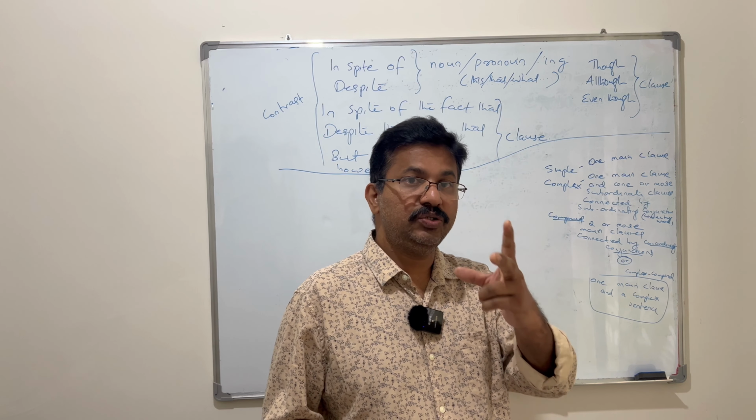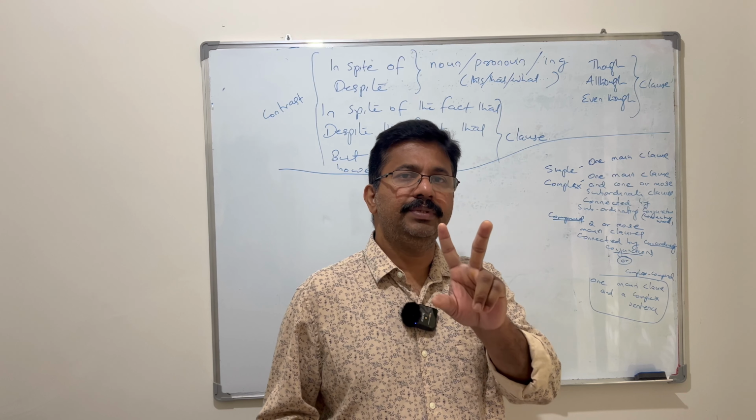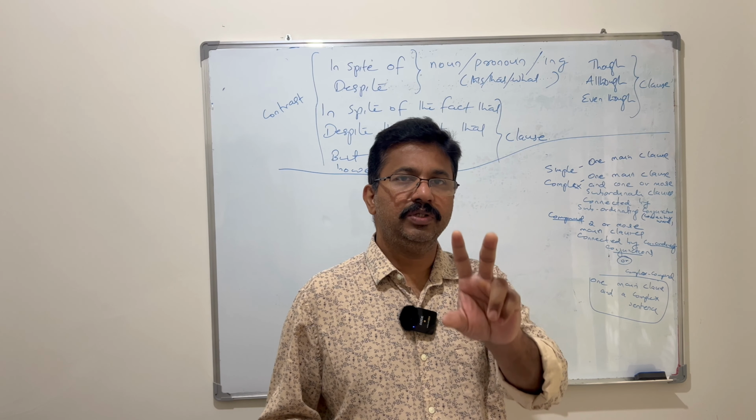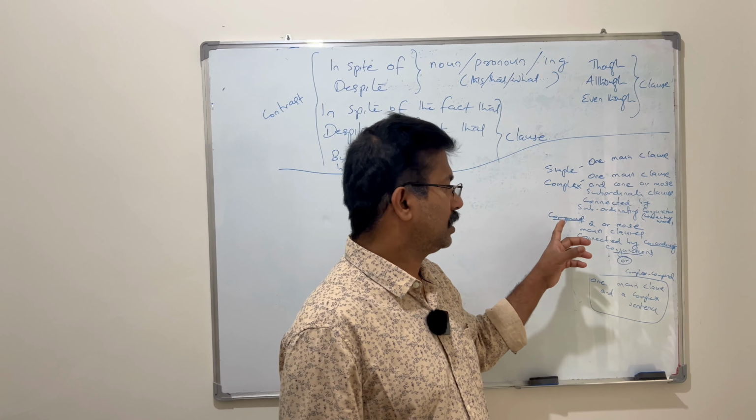A compound sentence has two definitions. I have already told you. There must be a minimum of two main clauses in a compound sentence, and there can be more than two.